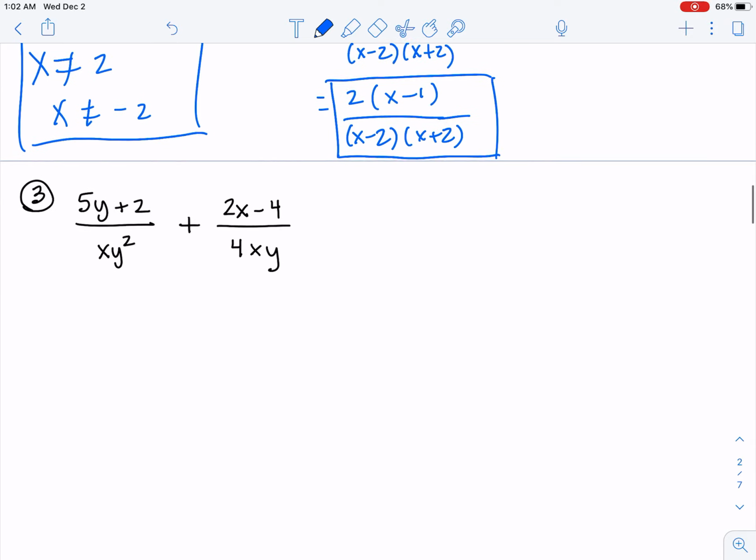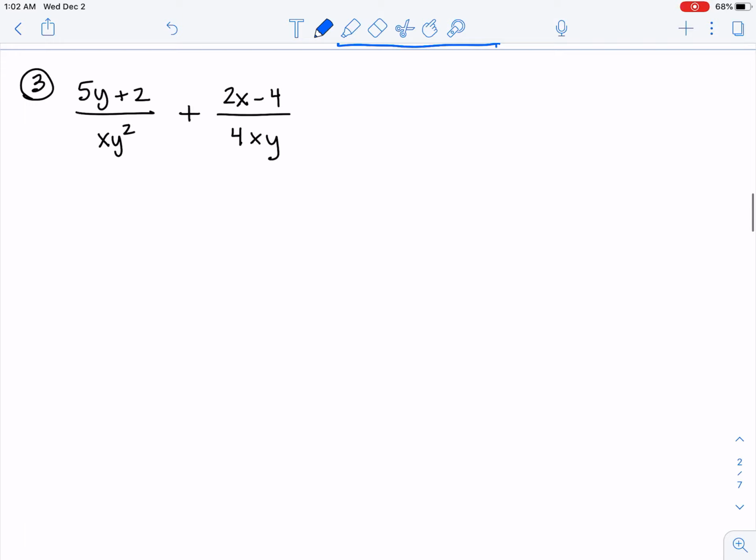All right, next example. Number 3, we got 5y plus 2 over xy squared plus 2x minus 4 over 4xy. Okay, so notice on the denominators, we do not need to factor because it's already in factored form. It's one term.